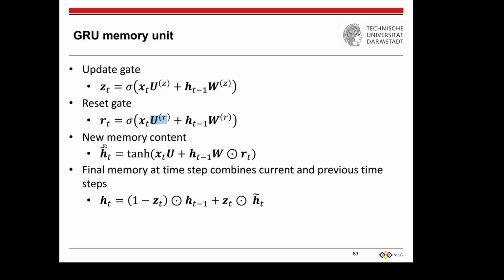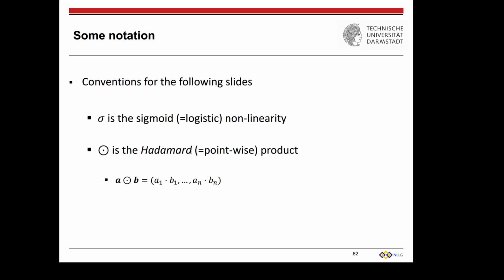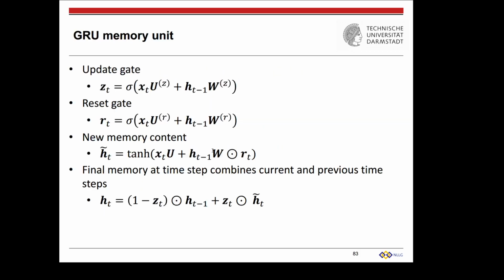we define a new ht tilde that also looks very similar to a standard RNN, but it has this additional Hadamard product between ht minus 1 W and rt, where rt is given by the reset gate, right? And then there's a final memory, ht.